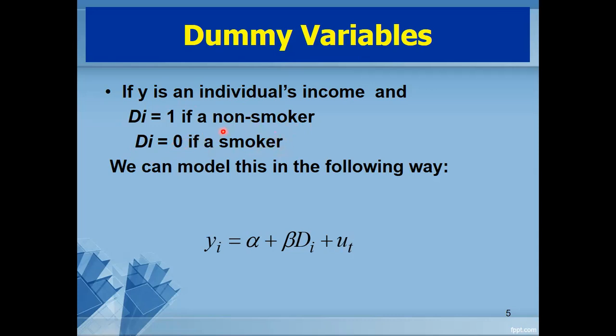When you define a dummy variable, the 0 category is always known as the base category or the reference group. Please keep this point in your mind. This is very important. So in this example, smokers are the base category or the reference group, because they have 0. And we have assigned 1 for the non-smokers.